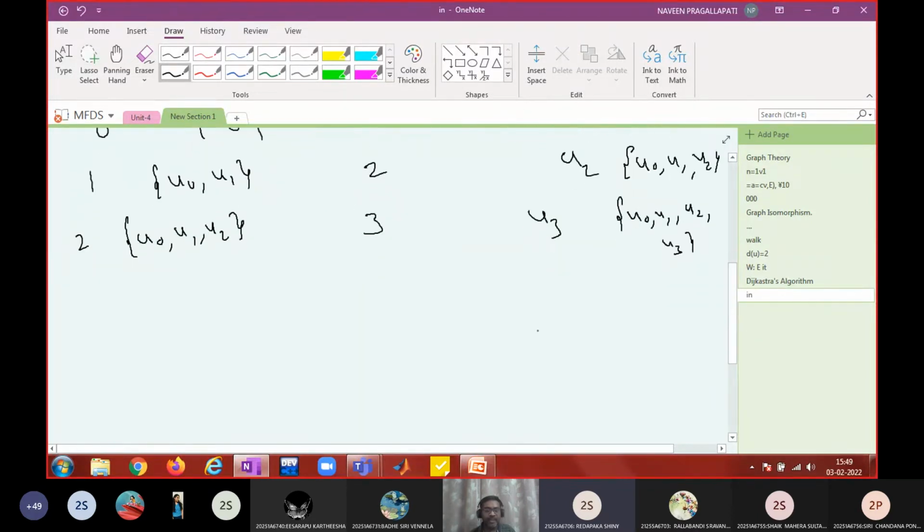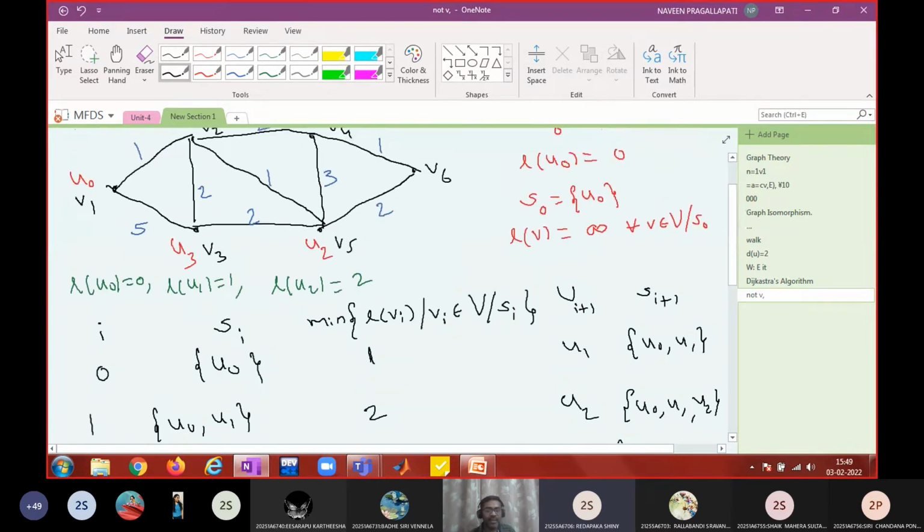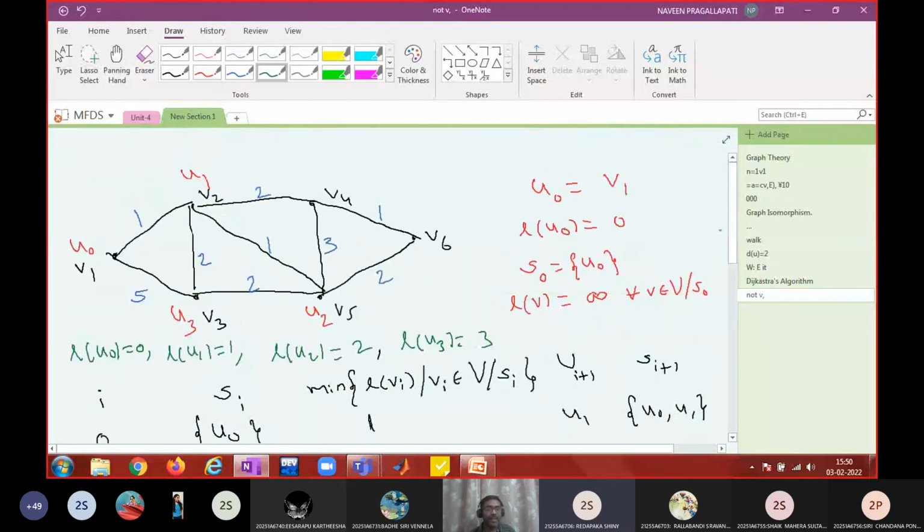Now go to the next iteration. U0, U1, U2, U3. The length of U3 I have to copy here. The length of U3 is 3. Now the next one is obviously U4, 2 plus 1.